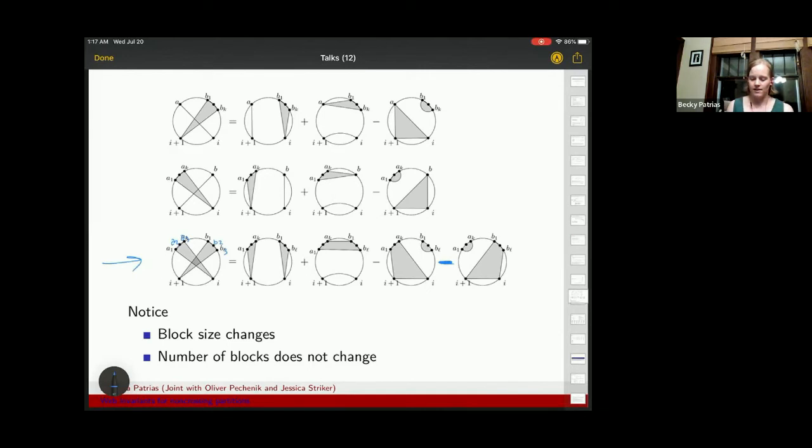And let's look at the block sizes. In this left-hand one, I have 2 blocks of size 4. Then I have blocks of size 4, and now I have a block of size 6 and size 2, 5 and 3, 5 and 3. So this is going to be important in our next slide. We see that the block sizes change in our crossing rules, but the number of blocks does not change. So in each of these rules, everything has 2 blocks. We're not going to gain or lose blocks with our crossing rules.